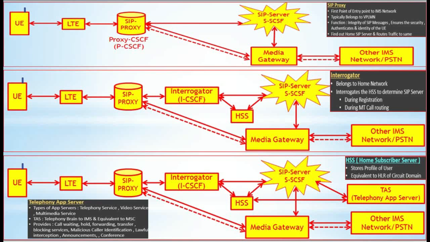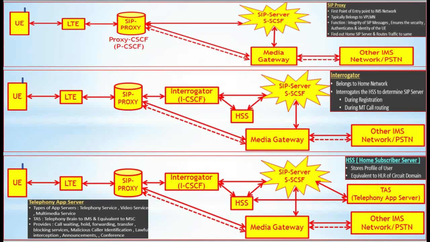Now I am adding two things here. One is the interrogator and another is the home server, ICSCF or interrogating CSCF. It performs critical functions: the SIP proxy forwards requests to the interrogator, which in turn finds out which SIP server to select.